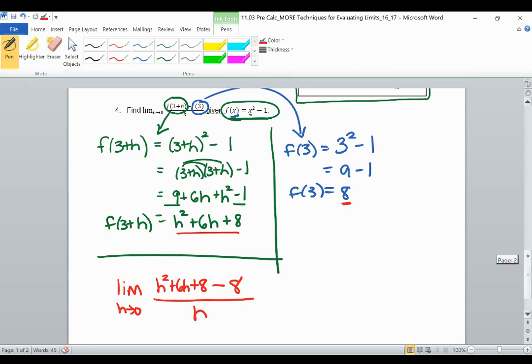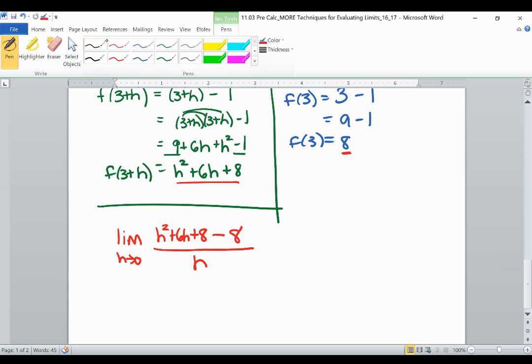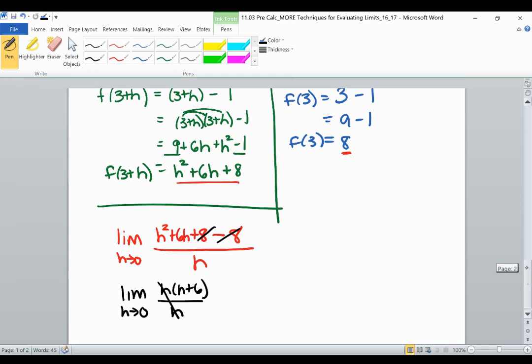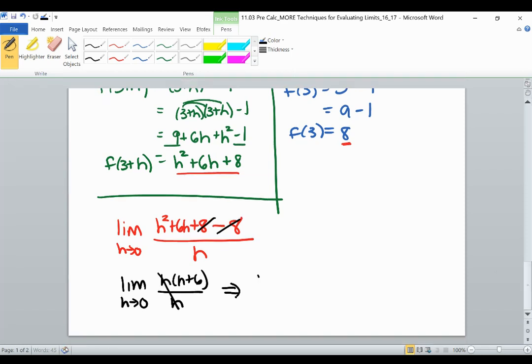Okay, now let's combine our like terms and see where we can go from here. So now my 8's, they're going to cancel. Now it looks like I have a GCF in my numerator, that of h squared plus 6h, so I'm going to factor that out. And now I can cancel out my h's, which leaves me with the limit as h approaches 0 of h plus 6.